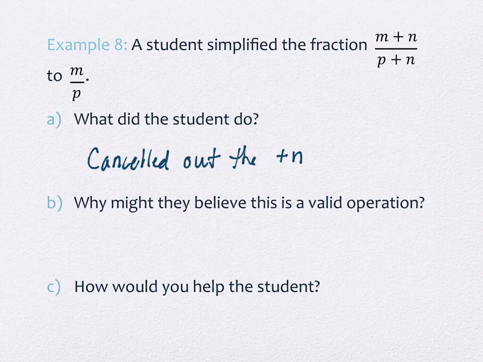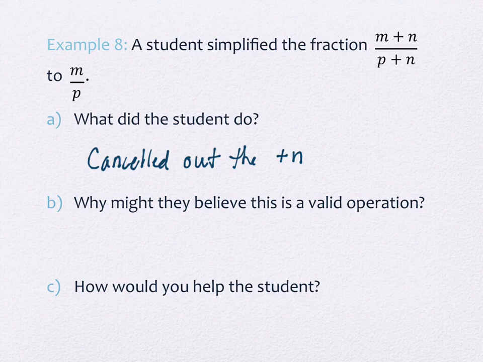Why might they believe that this is a valid operation? Brooke? Because when you're looking at it with just letters, you can't visualize the adding, whereas if you use numbers, like adding two numbers, so they might think, well, oh, there's n on top, n on bottom. Like just cross them out. Yeah, and where do they see that when it is appropriate? It's not addition, right? When it's multiplication.